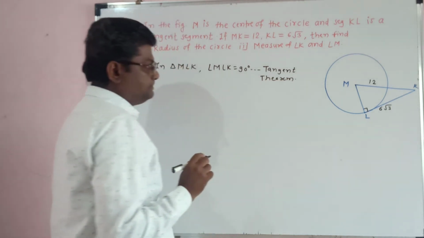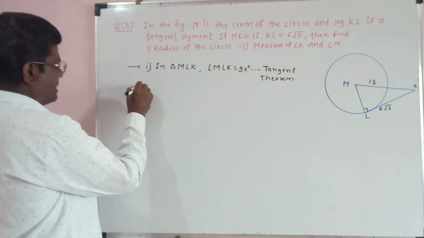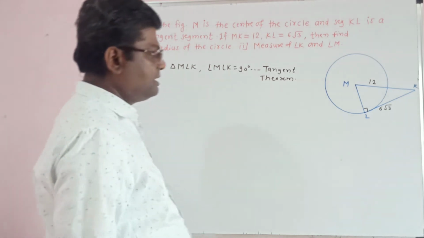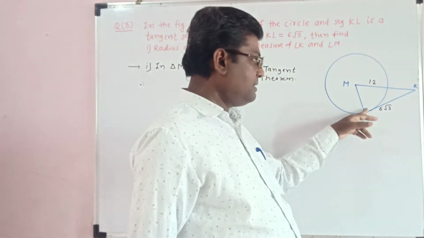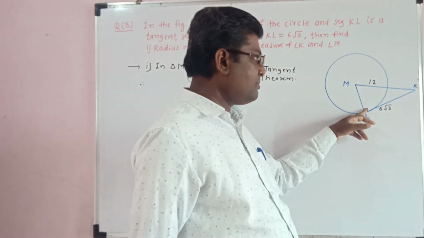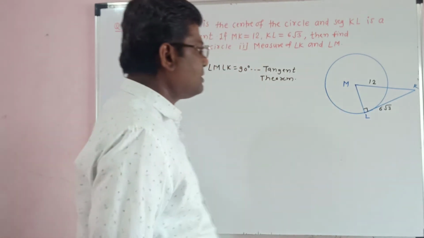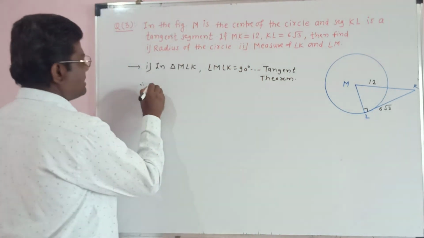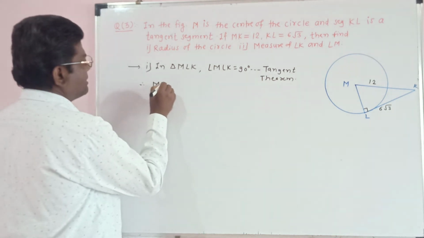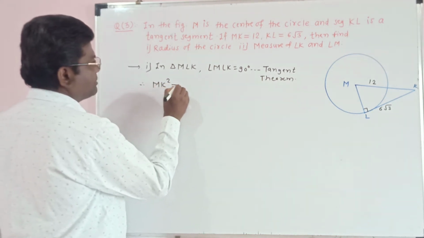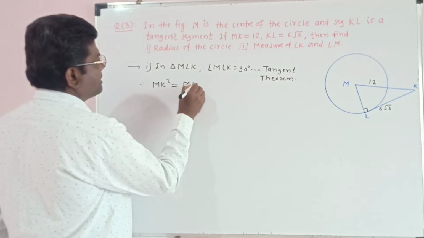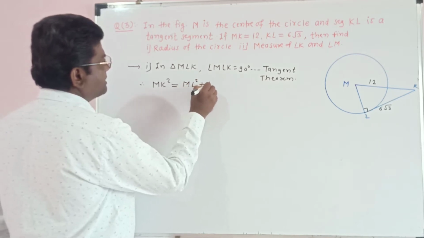Therefore, now see, this angle is 90 degree. Therefore, side opposite to 90 degree means MK is a hypotenuse of this triangle. Therefore, we write MK square is equal to ML square plus KL square.